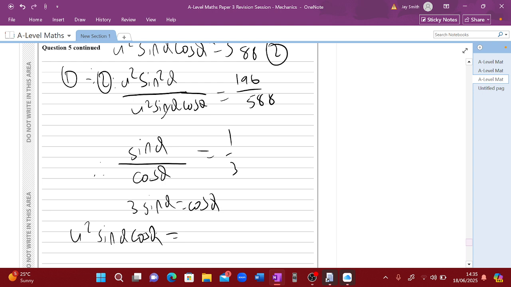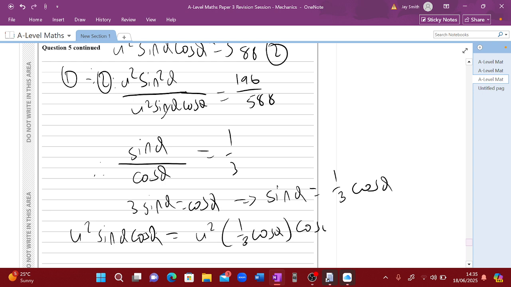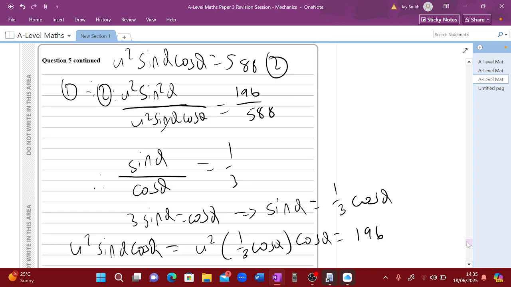So then I say 3 sine alpha is cos alpha, therefore sine alpha is a third of cos alpha. So that's going to be u squared times a third cos alpha times cos alpha, which is 196, was it? No, 588.